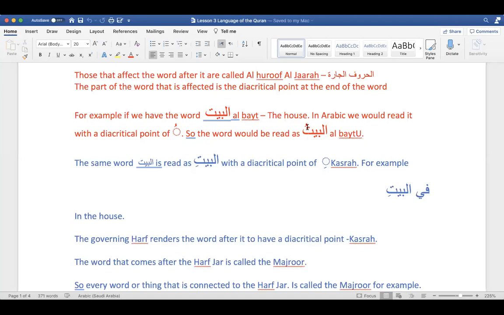This is our main focus. Is that a double dhamma at the end? No, it's a single one. Like how we had the example of kitabun before. If there are no other indicators, it's automatically going to be dhamma.